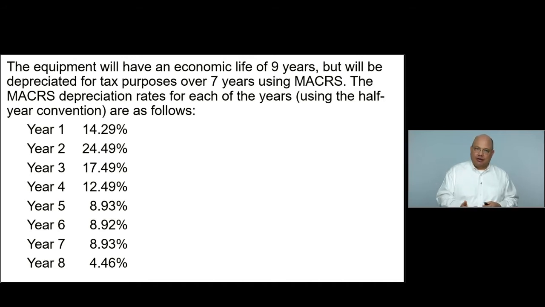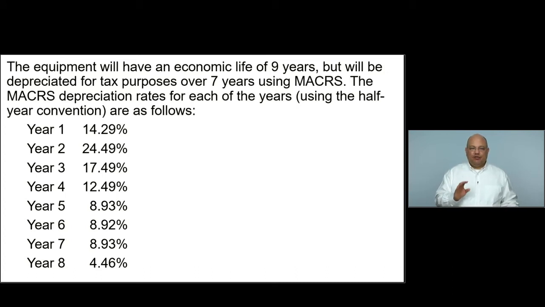So in the year of acquisition, we take 6 months of depreciation, and in the year of disposal, we take 6 months of depreciation. So years 2 through 7 are each a full year of depreciation, and years 1 and 8 are half-year depreciations, which is why year 1 has a lower percentage of cost than year 2 does, because year 1 is taking into account only 6 months worth of depreciation.